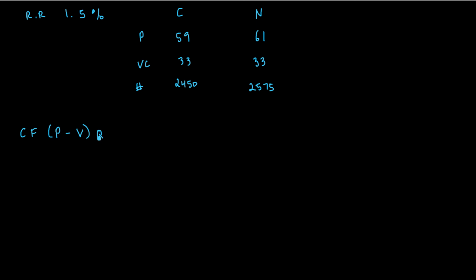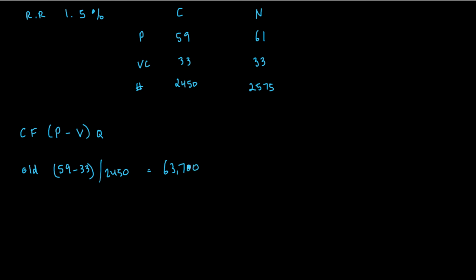So the cash flow for the old policy is going to be 59 minus 33 times 2450. We end up with $63,700. That's our cash flow.